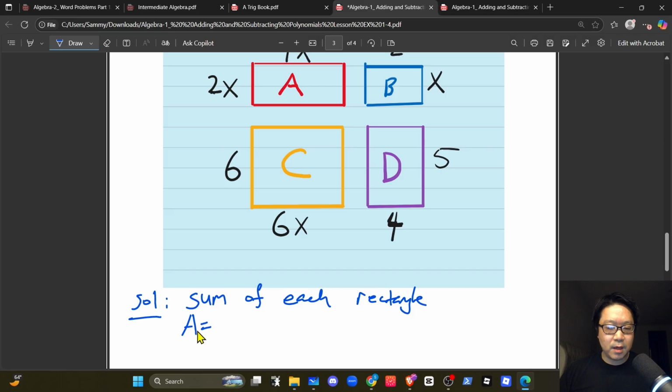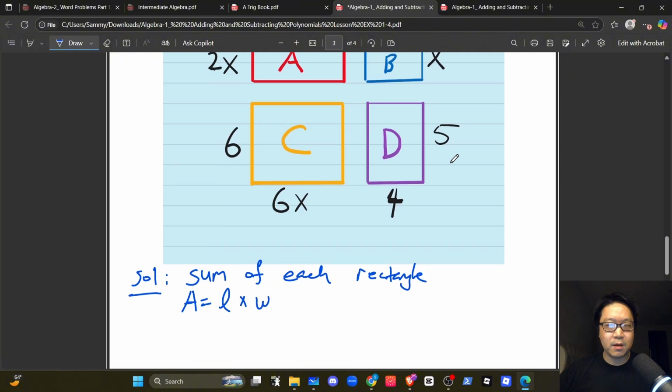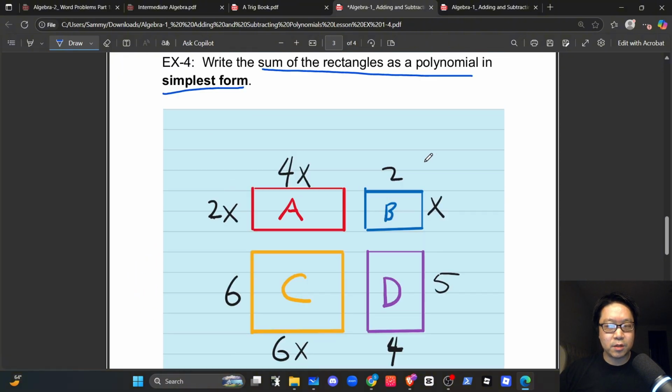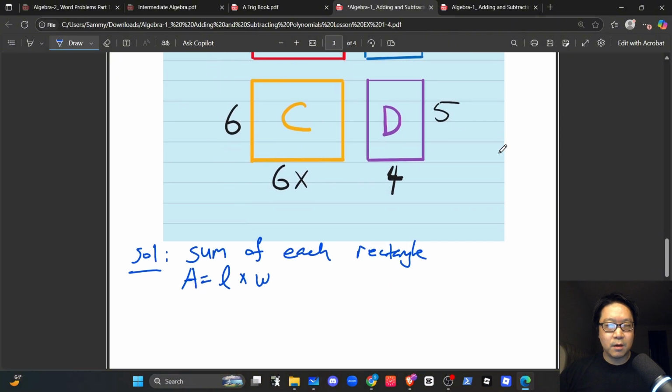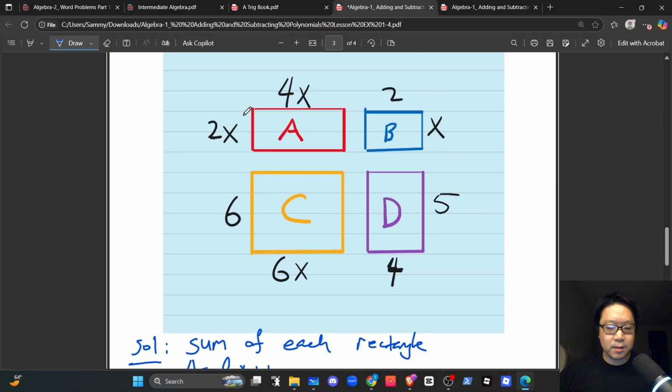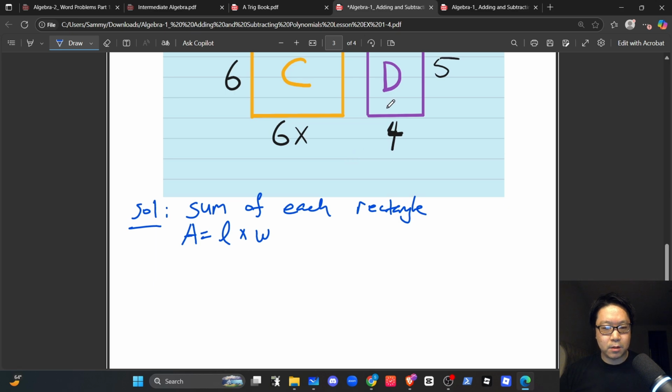As a reminder, the area of a rectangle can be found by multiplying the length and the width of the rectangle itself. So for the first rectangle A, all we have to do is multiply 2x and 4x, right? So for A, we have 2x and 4x.